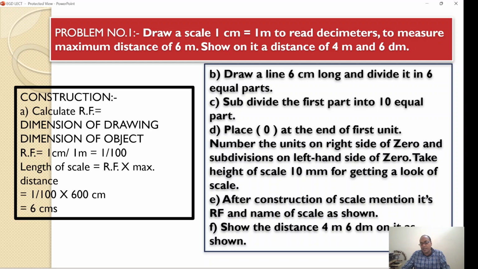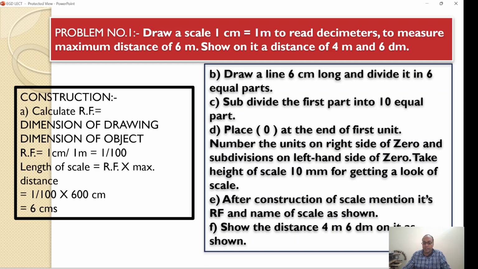You can take different values, but it is the standard procedure that we generally take 1 centimeter or 10 mm height for the plane scale. The next step, after constructing the scale, is to mention its RF and label which part shows the meter and which part shows the decimeter, and then show 4 meter and 6 decimeter on it.